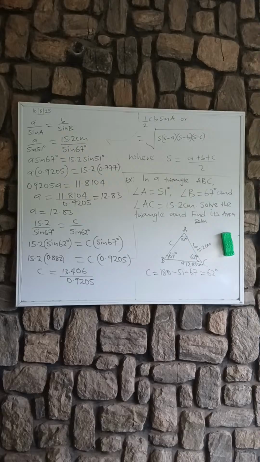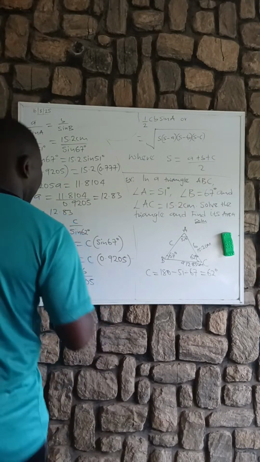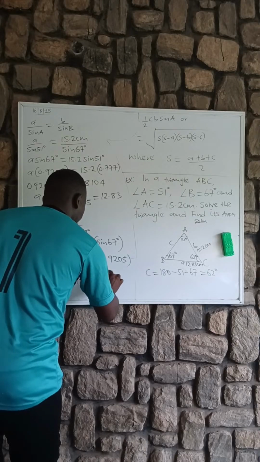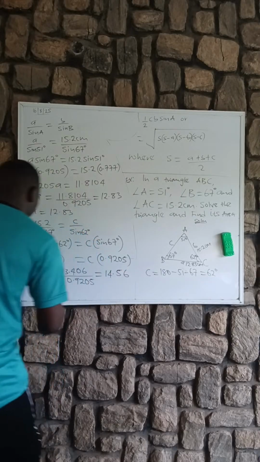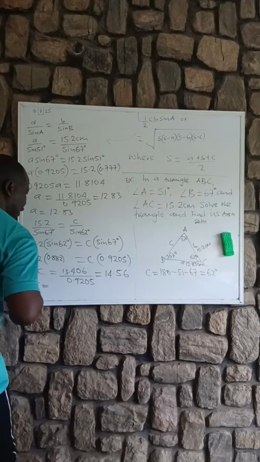If you use 15.2 to multiply 0.882, it will give you 13.40. So the answer will be what? 14 point what? 14.56, right? So our C is equal to 14.56.